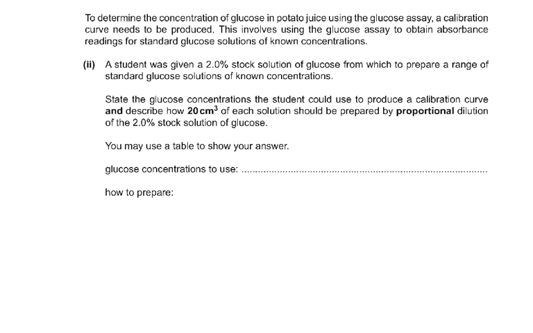To determine the concentration of glucose in potato juice using the glucose assay, a calibration curve needs to be produced. This involves using the glucose assay to obtain absorbance readings for standard glucose solutions of known concentrations. A student was given a 2.0% stock solution of glucose from which to prepare a range of standard glucose solutions of known concentrations.